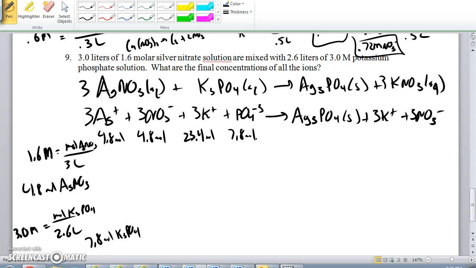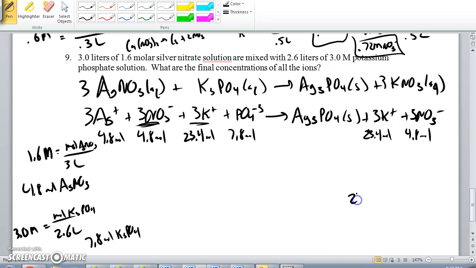Well, these are the initial conditions. We know that the amount of moles of potassium and nitrate won't change because they're spectator ions, so this still will be 23.4 moles. This still will be 4.8 moles. So to get the concentration of those ions at the end, we just have to do it by the new liters.